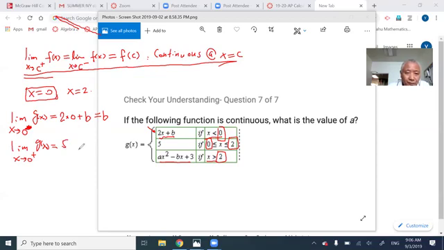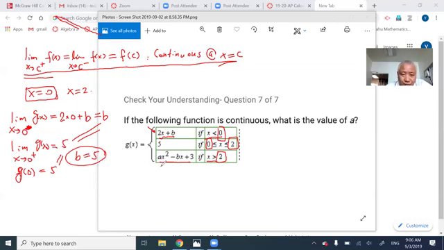Of course, at x equals 0 the function value is still 5. To make these three equal, b must equal 5. That's the first step.